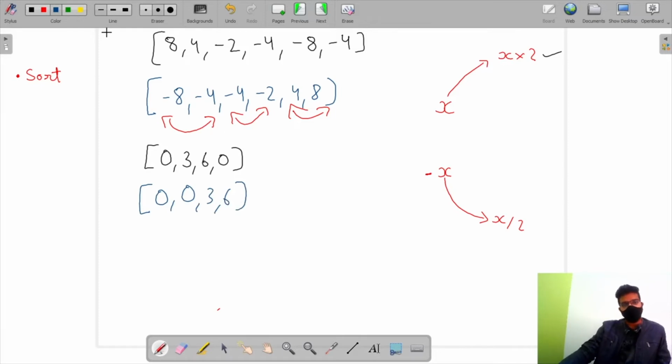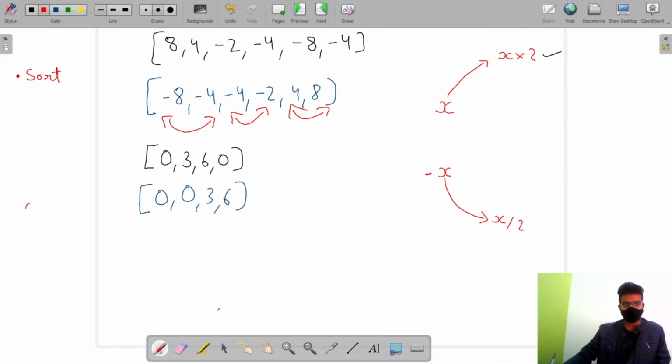Now what did we used to do? For positive, we used to check the into 2 element, if its double exists or not. And for negative, we used to check if half of it exists or not, like minus 8 upon 2. But for 0, we can check either of them, whether into 2 exists or upon 2 exists. Let's see why that is.